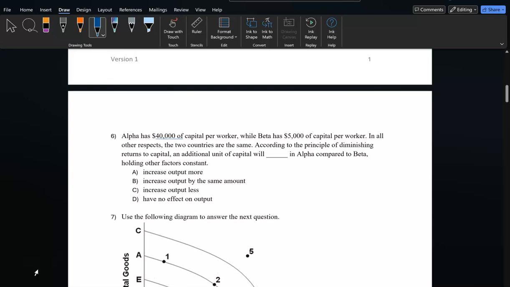Question 6. We have two economies, alpha and beta. Alpha has 40,000 of capital per worker and beta has 5,000 of capital per worker. I'm going to look at alpha as a leader, advanced or highly developed economy, or an economy that achieved industrial revolution faster than the country of beta.